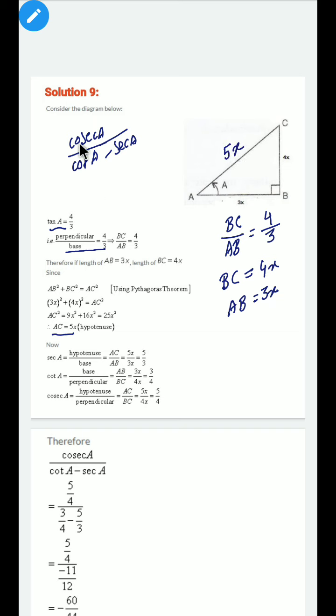You have to find out cosec A, cot A and sec A. We know that cosec A is equal to hypotenuse by perpendicular. That is AC as the hypotenuse, and perpendicular is BC. Just put the value, x will cancel out, it will be 5 by 4. Similarly you can find out the value of sec A and cot A. Just put the values and calculate, you will get the answer.